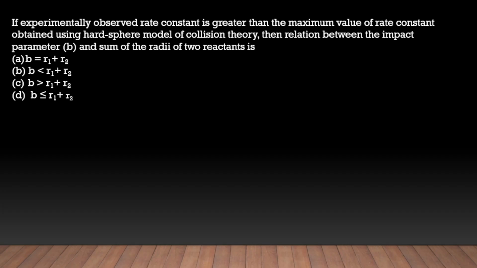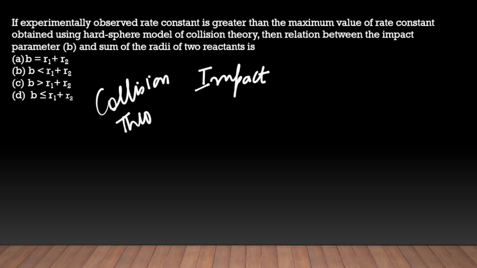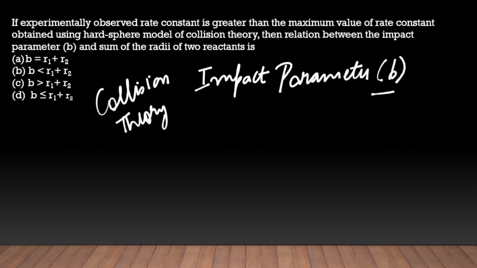This impact parameter that you observe in the collision theory is denoted with the B value, and this is the experimentally determined one.